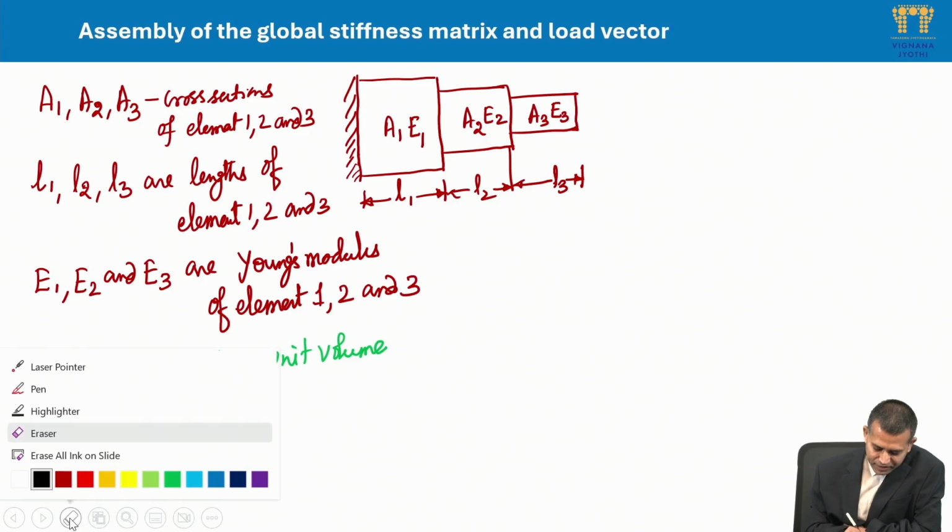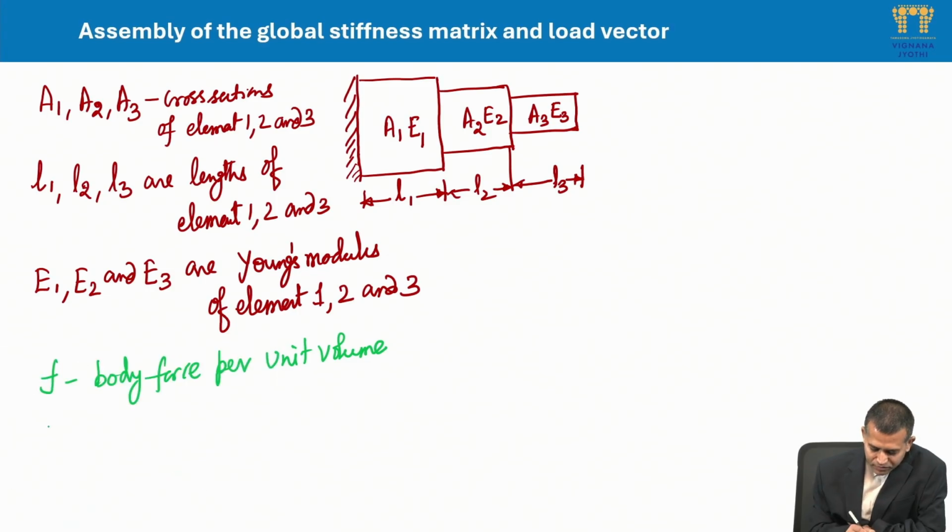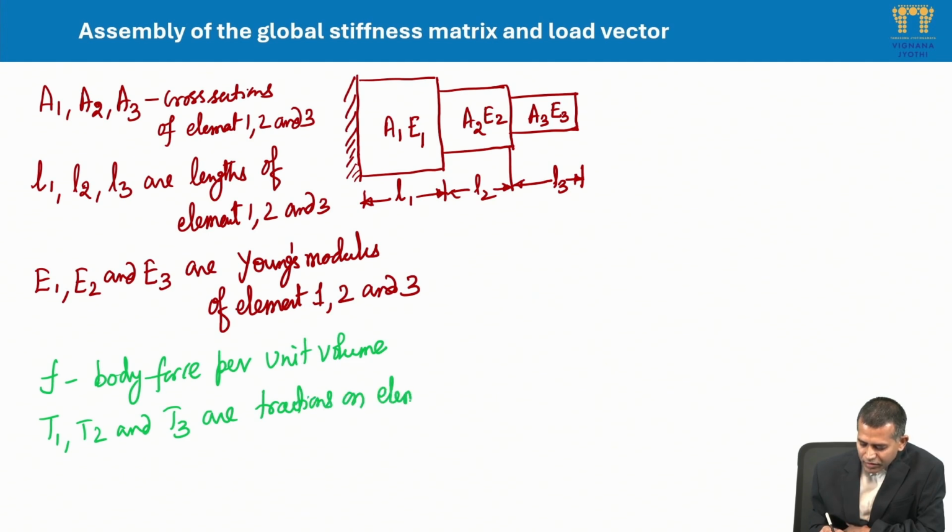Then let us assume some tractions are acting on it. T1, T2 and T3 are tractions on elements 1, 2 and 3. So the body force F is there throughout the entire system, and you have tractions. Here it acts as T1, here the traction may be T2, and here the traction T3.